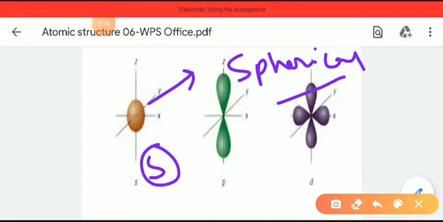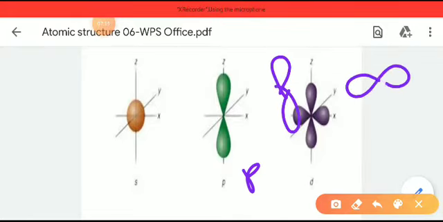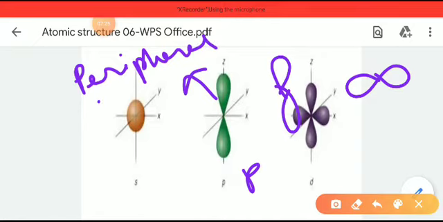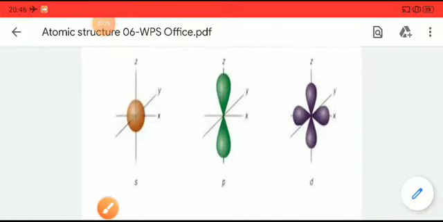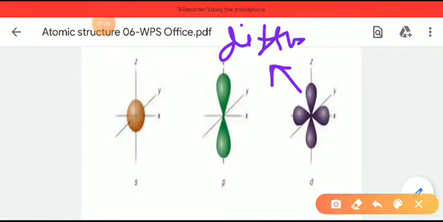Here this is the P orbital, which is called dumbbell shaped. It is like a dumbbell. P is a dumbbell shaped orbital, and P is named from peripheral. So S is spherical, P is peripheral, and D is diffused. D originated from the word diffused.